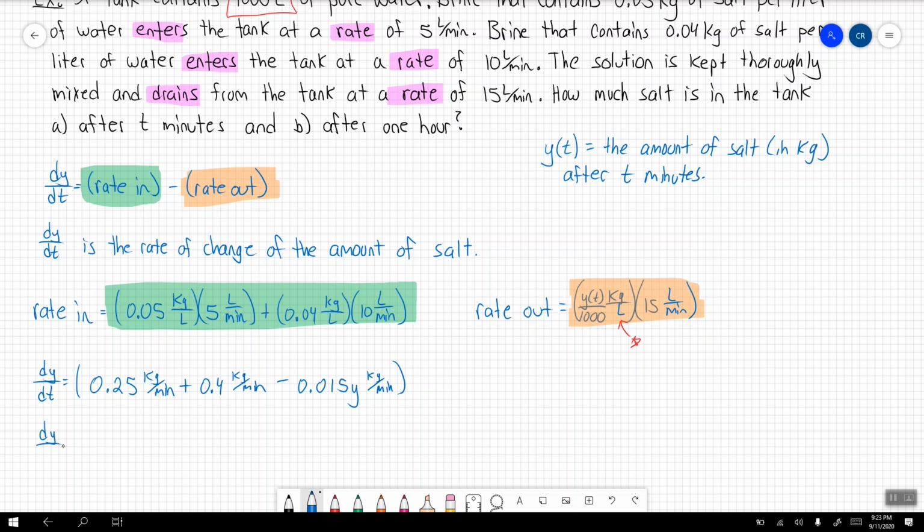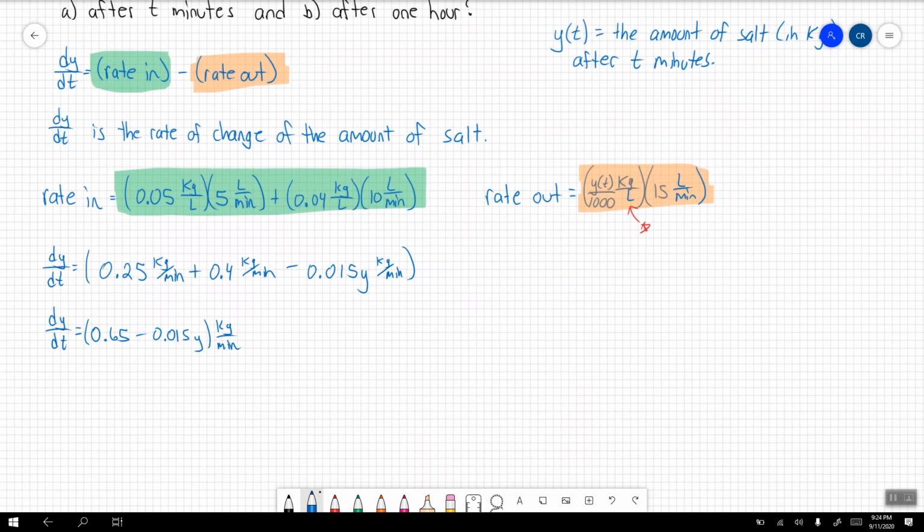So let's say dy/dt is going to equal 0.65 minus 0.015y, and this is going to be kilograms per minute. All right, everything's looking good so far. Let's see if we can manipulate this a little bit more. Now, I personally don't like integrating with decimals.